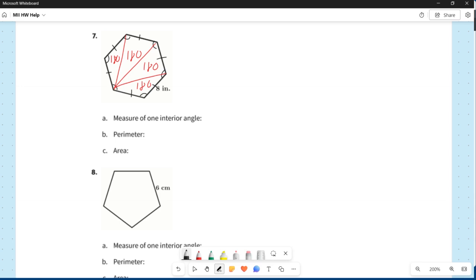What that means is the sum of all of our interior angles is going to be 180 times 4, because a six-sided polygon can be divided up into 4 triangles. So if we add up all of our interior angles, we get 720.